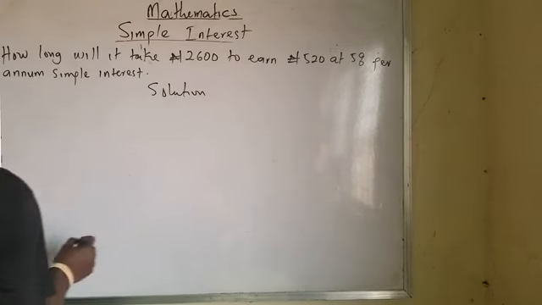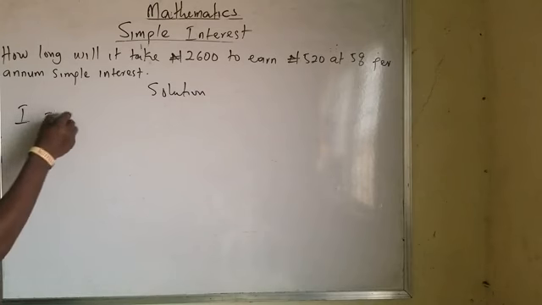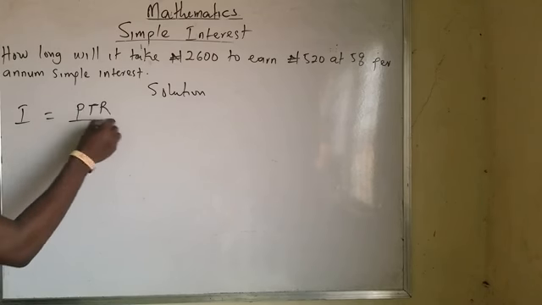It means the interest equals principal times rate times time divided by 100.